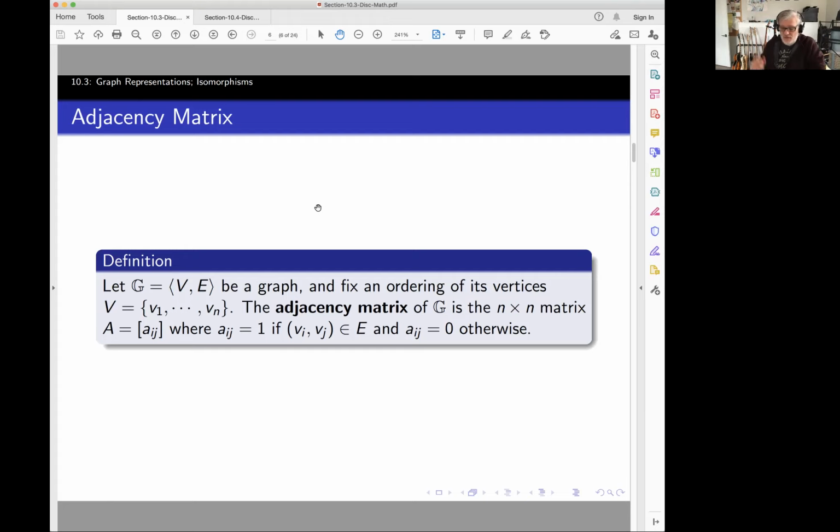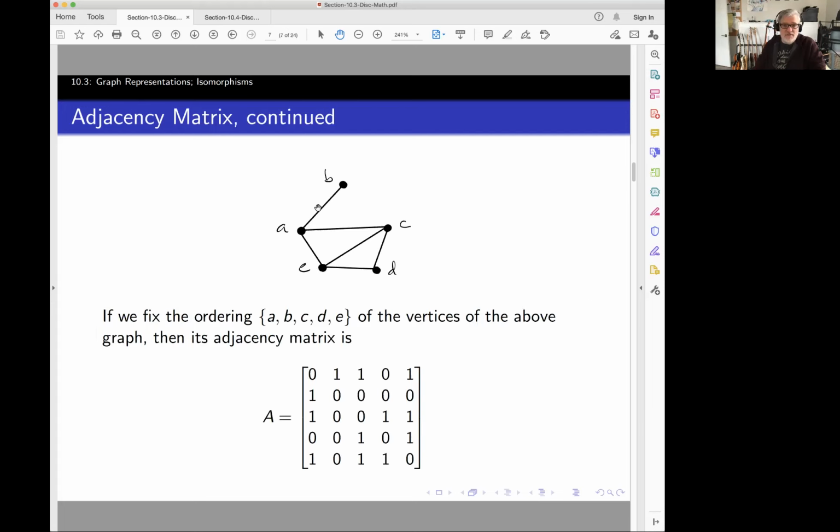And if it's a 0, they're not adjacent. Okay, so here is an example of this. It's not as easy to read for a human, right? So you need to analyze a little bit more. But the fact that it's a matrix and we have all sorts of tools to play with matrices will allow us to do many, many interesting things, few of which we're going to see here because it's way too advanced.